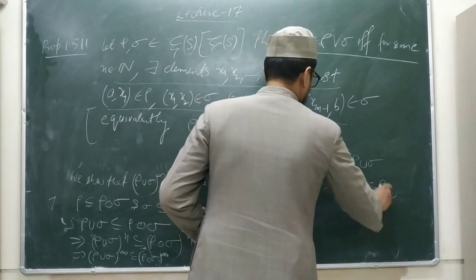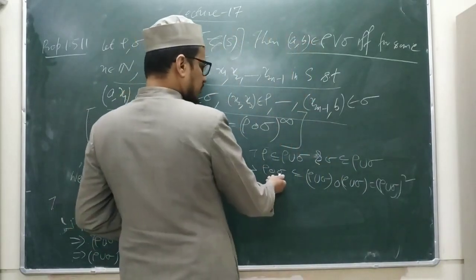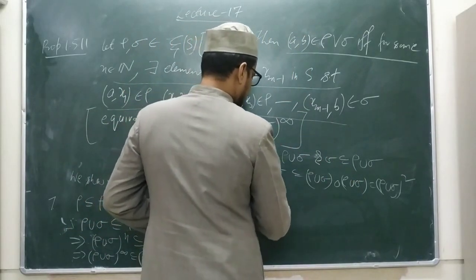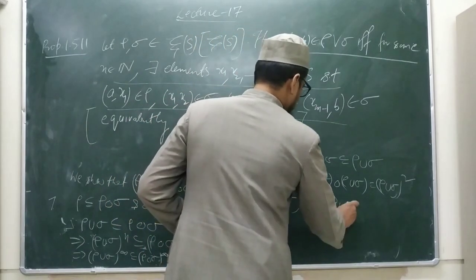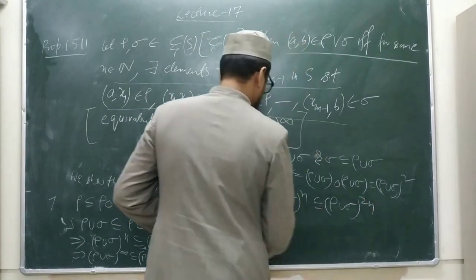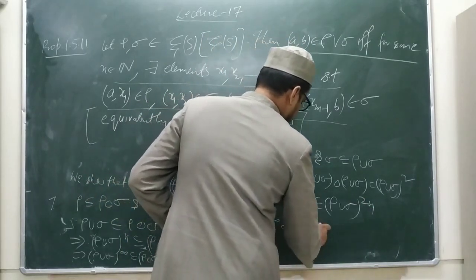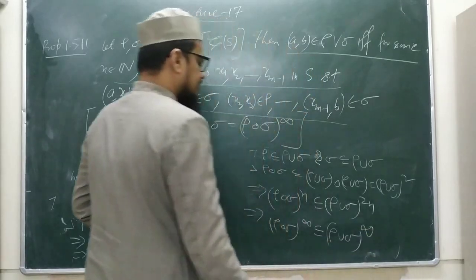It means that it is rho union sigma square. Correct? So we have shown that rho composition sigma is contained in rho union sigma square. It implies what? It implies that rho composition sigma to the power n is contained in rho union sigma to the power 2n, and it implies that rho composition sigma to the power infinity is contained in rho union sigma to the power infinity.